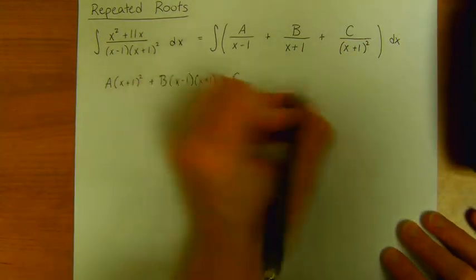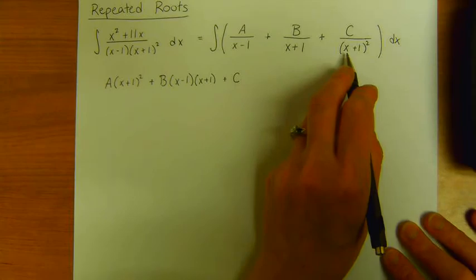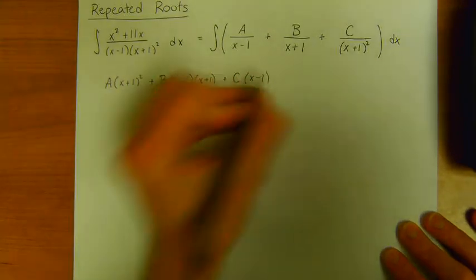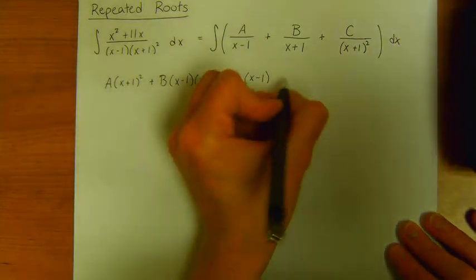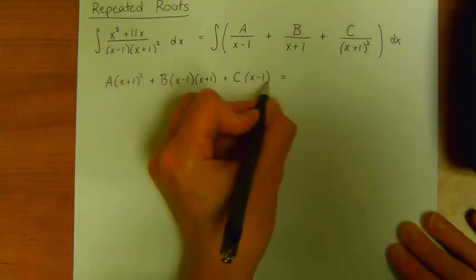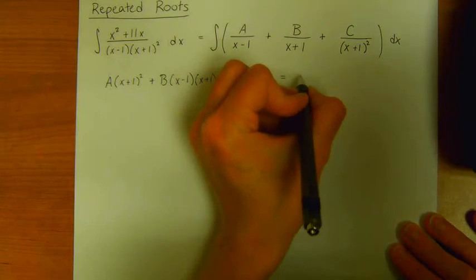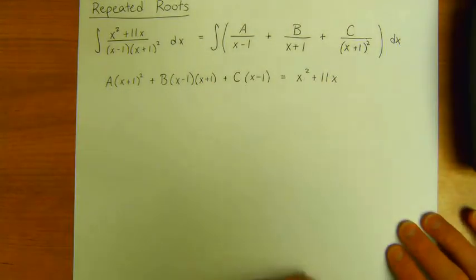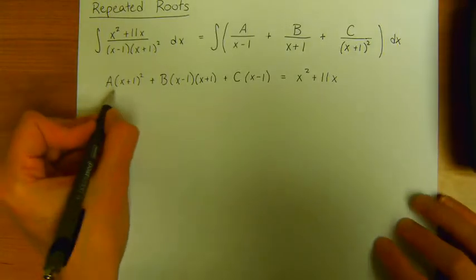And finally, my c term is going to be multiplied by x minus 1 to get the common denominator. So all of these numerators need to be equal to this numerator, which is the x squared plus 11x. Now we just have a lot of algebra to do.